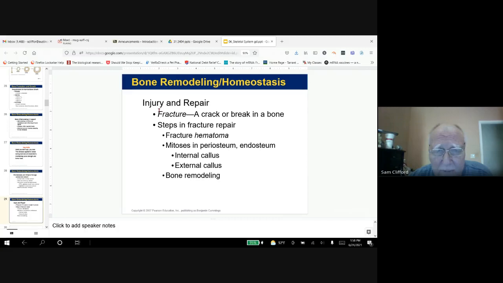Injury and repair. We all know bones can heal. Sometimes, depending upon the severity of a break and the location, you may have considerable scarring and toughness of the bone.